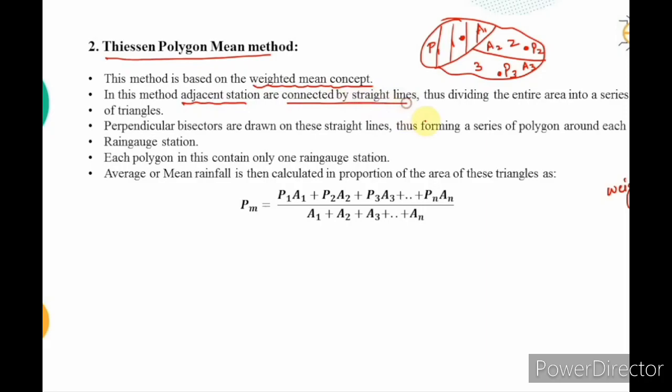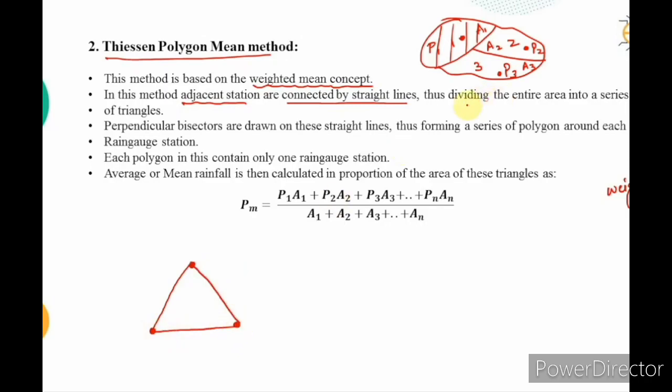So what we do in this case, the adjacent stations are connected by straight lines. In this method the stations are connected by straight lines. Now let's see, we consider a triangle. These points are present in a catchment area. Now these adjacent stations are connected by straight lines.